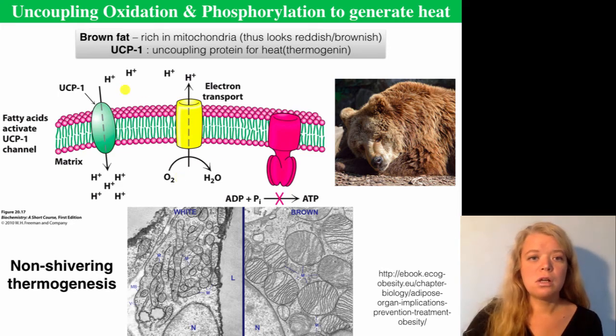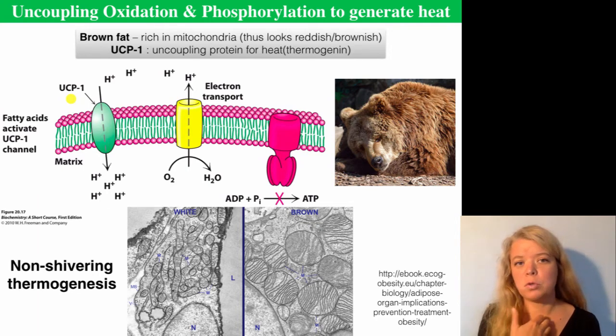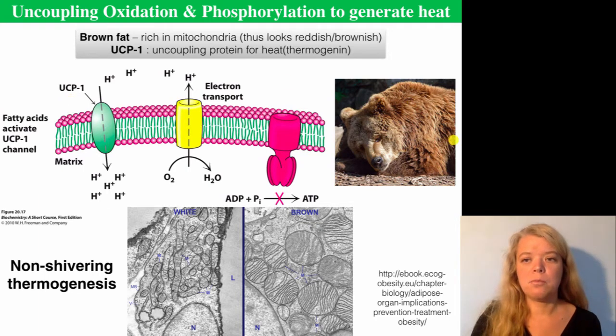If you use an enzyme called UCP1, which is a tightly regulated enzyme that in us can be found in brown fat, hibernating mammals such as a cute sleeping bear have a lot of brown fat that they use to produce heat to keep the core of their body warm during cold winter sleep.